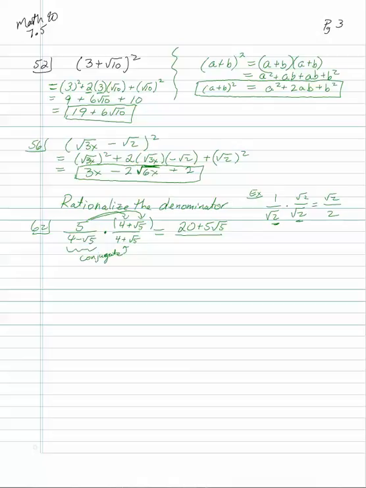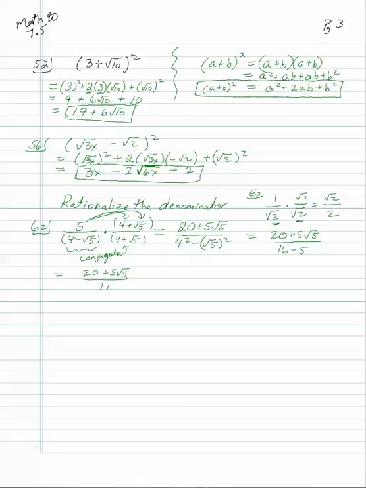On the bottom, we're going to use the shortcut, the difference of squares shortcut. So we're going to go 4 squared minus square root of 5 squared. So we're going to get 20 plus 5 square root of 5 on top. And the bottom we get 16 minus 5, which is 11.